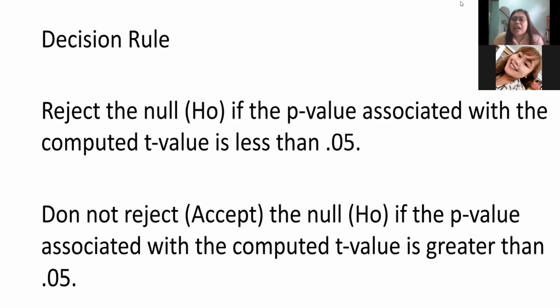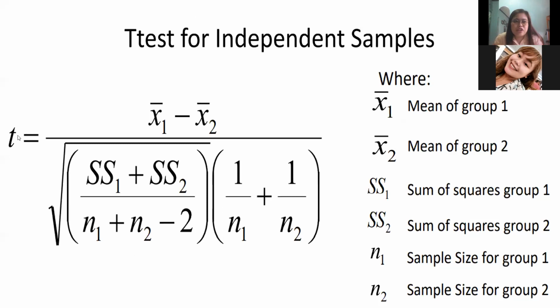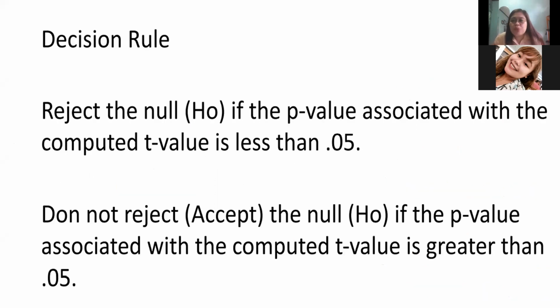Okay? So when we use software, class, most of the time we will get the p-value. Because with manual computation, we will get the t-scores, and in analyzing, we need the table. But if we use software, we get the t-scores, but we also get the p-value.